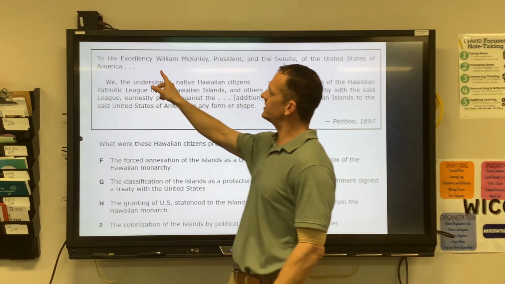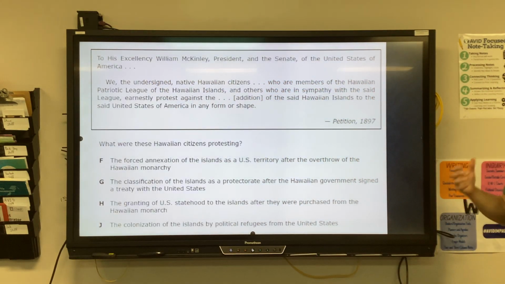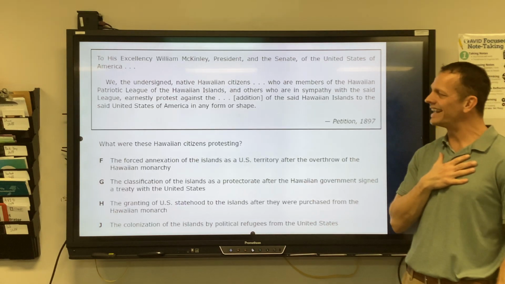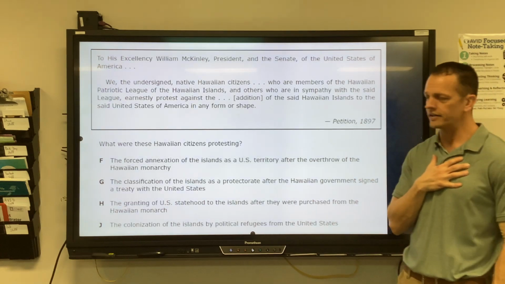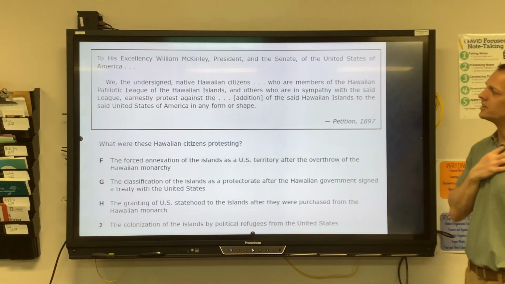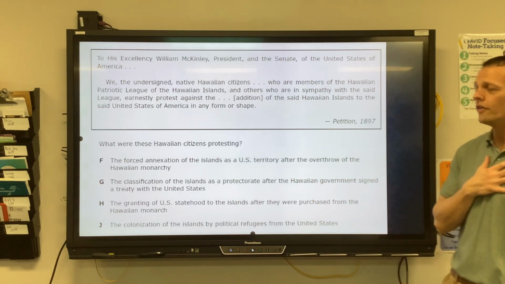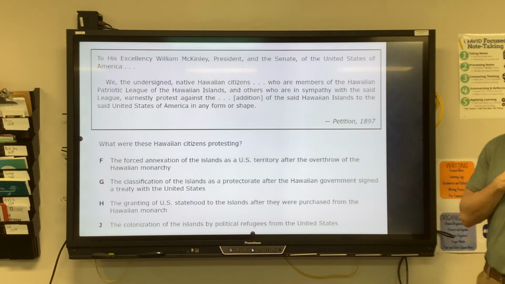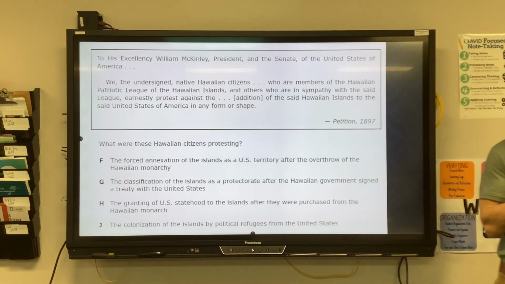To His Excellency William McKinley, President, and the Senate of the United States, we, the undersigned native Hawaiian citizens, who are members of the Hawaiian Patriotic League of the Hawaiian Islands, and others who are in sympathy with the said league, earnestly protest against the addition of the said Hawaiian Islands to the said United States of America in any shape or form. What are they upset about? America doing what? Annexing Hawaii, right? That's what you're supposed to get from it.